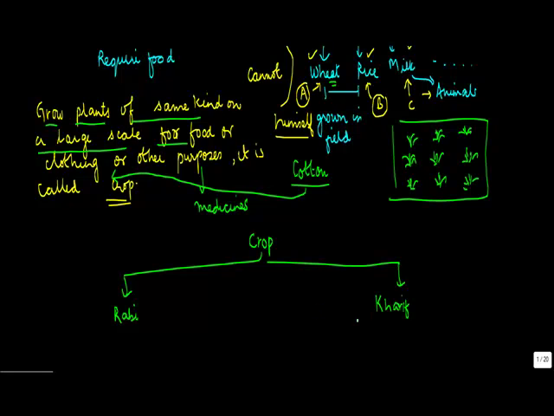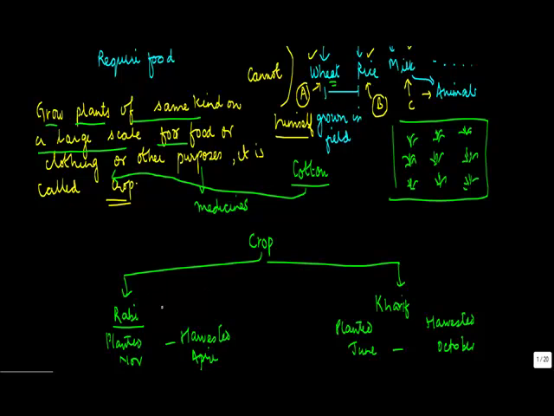So Kharif crops are basically planted in June and normally harvested in October, whereas Rabi is planted in November and harvested in April.